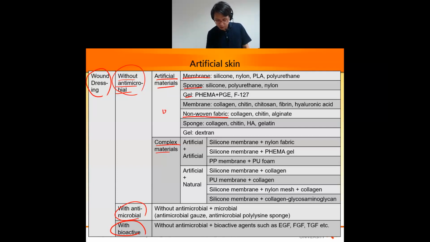In Korean, it's bujikpo. In membrane type, silicone, nylon, PLA, or polyurethanes are utilized. In sponge type, similar. Silicone, polyurethane, and nylons are utilized. All of them are bioinert and biodegradable polymers. In gel type, PHEMA and PGE or pluronic F127 can be utilized.